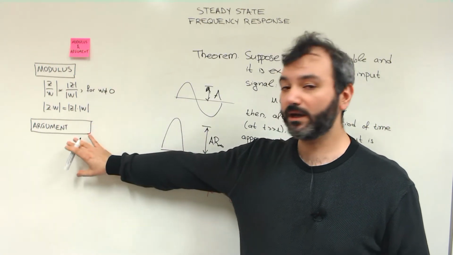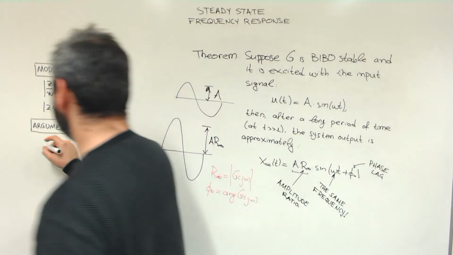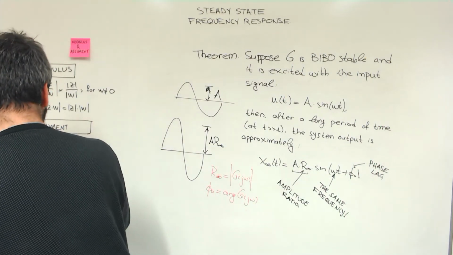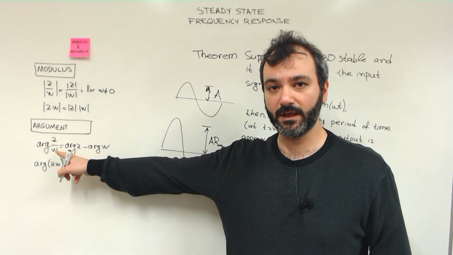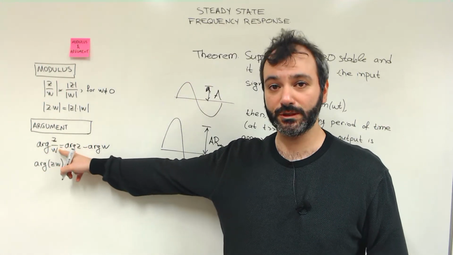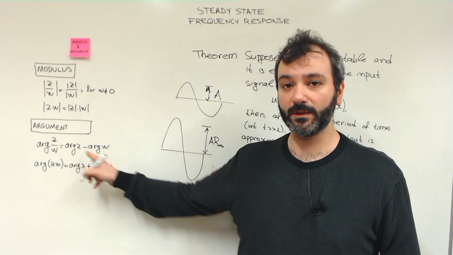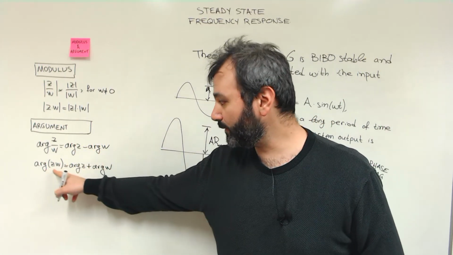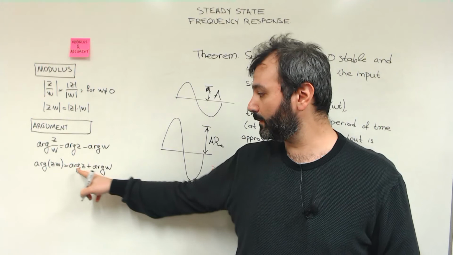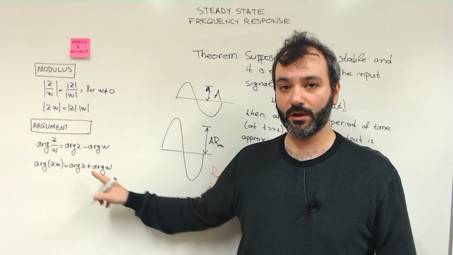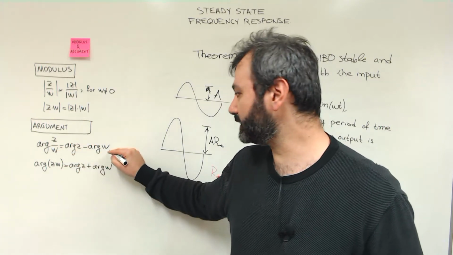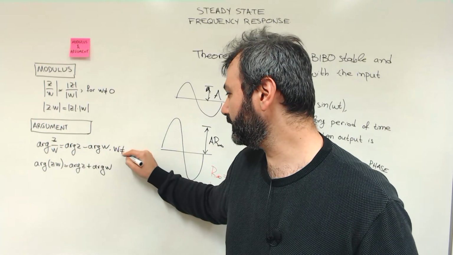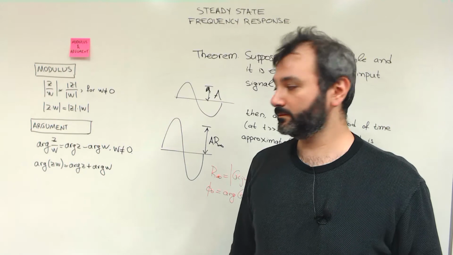Now, second, about the argument, we know the following properties. The argument of z over w, the argument of a quotient, is the difference of arguments. And the argument of a product is the sum of the arguments of the two complex numbers z and w. Here again, for z over w to make sense, w must be non-zero.